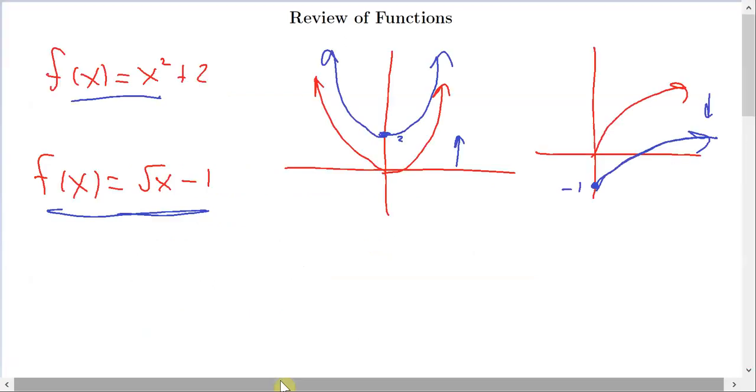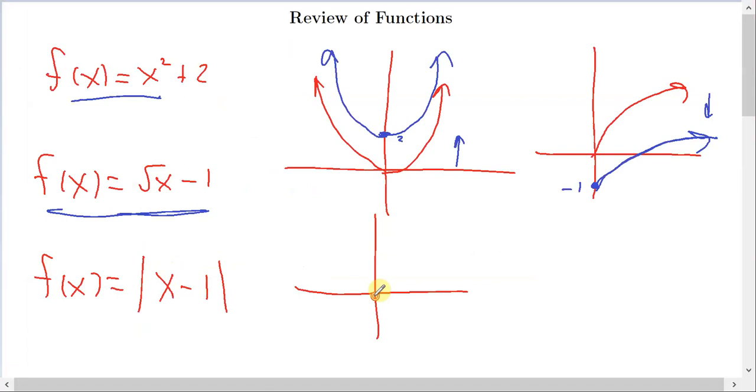So let's look at something like f of x equal to the absolute value of x minus 1. My basic function here would be the absolute value function, and that would be this V shape. But now this minus 1 on the inside is shifting it 1 unit. So let's see, what's it saying?